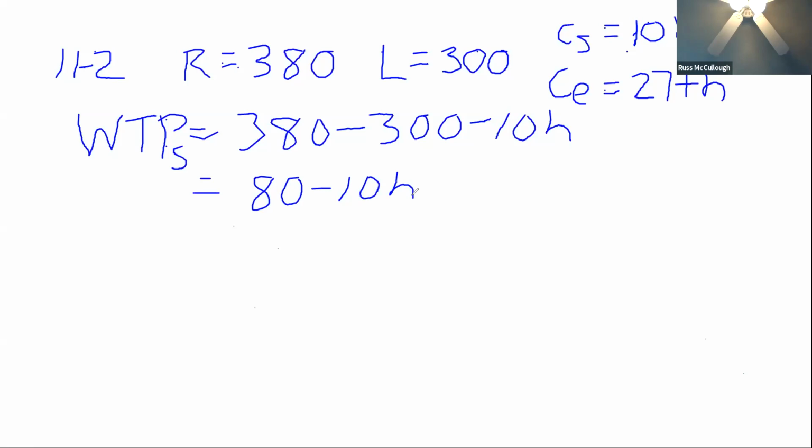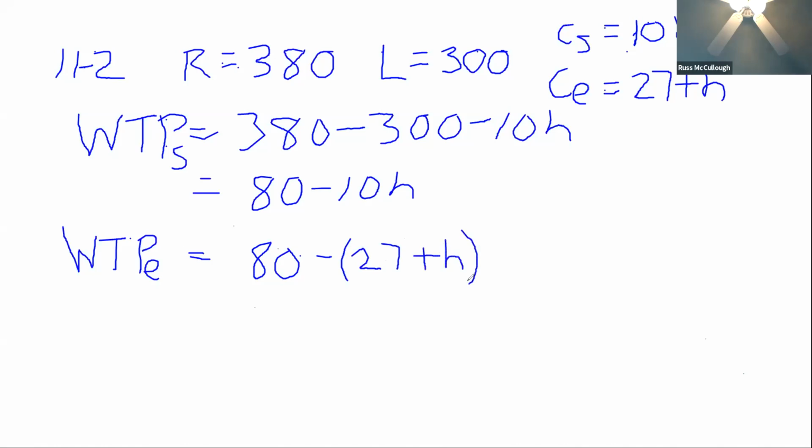For the elevator people, the willingness to pay function is different. We're still going to have the 300 and the 380 and the 80. So I'm going to do a little shortcut and just put 80 because that remains the same for both. But now we've got minus, instead of 10H, it's 27 plus H. Now I use the brackets there so that we can break that down.